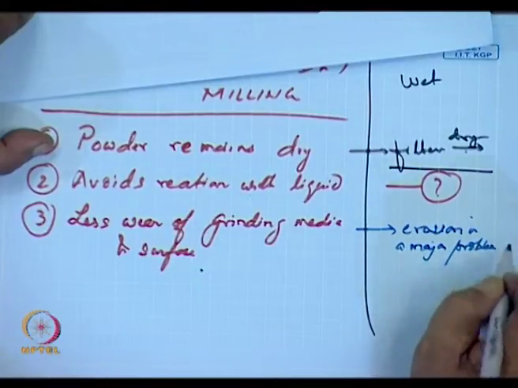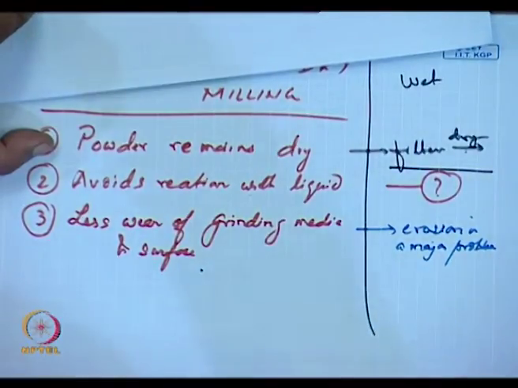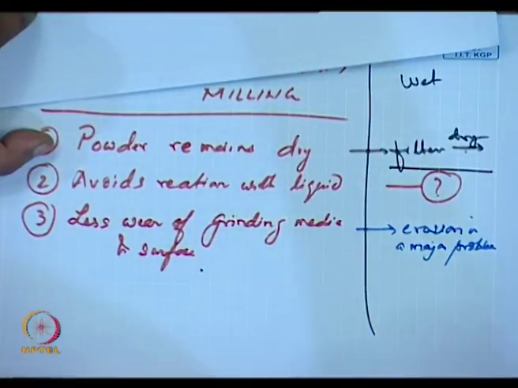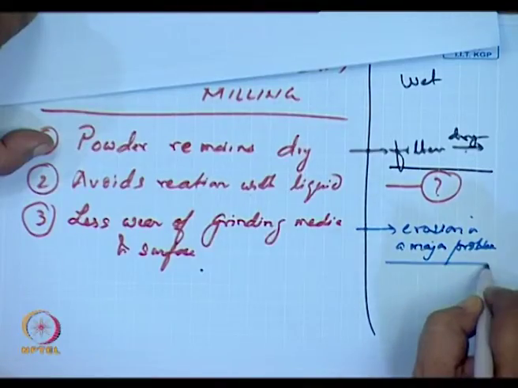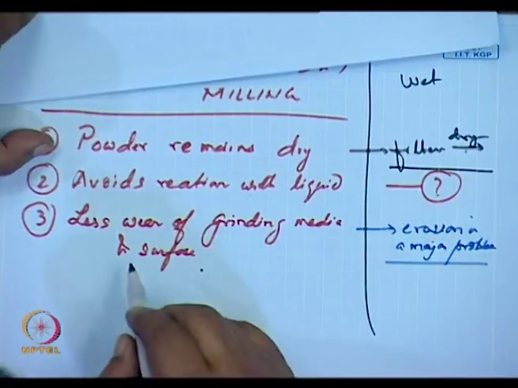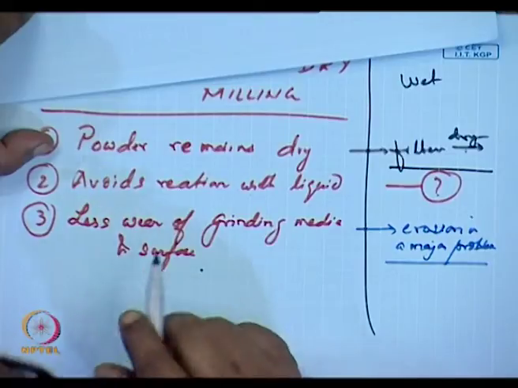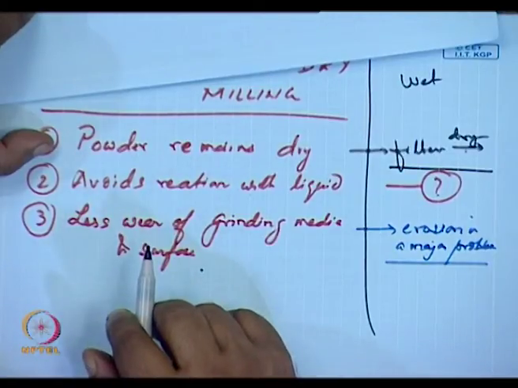That is, the grinding media, the balls and the container, are also facing friction. In dry ball milling, because the powder sticks to the balls, erosion decreases.